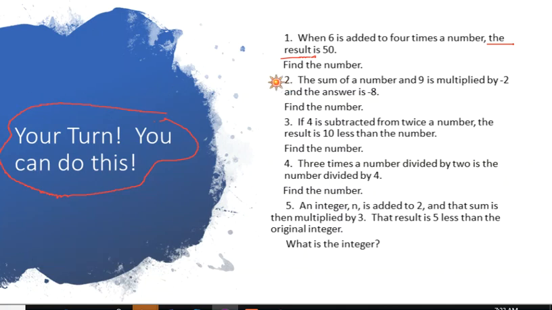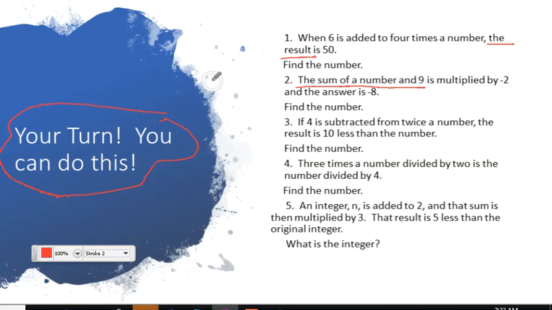For the next one, the sum of a number and 9 is multiplied by -2, and the answer is -8. Find the number. Okay, so for this one, I just want to caution you to do this one step at a time. Do this part first, the sum of a number and 9.